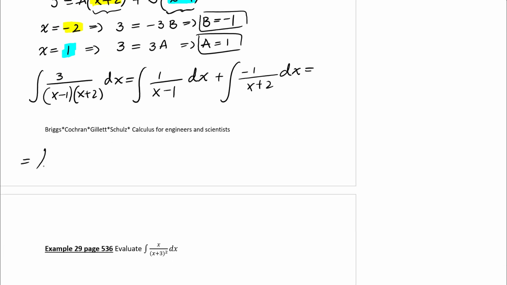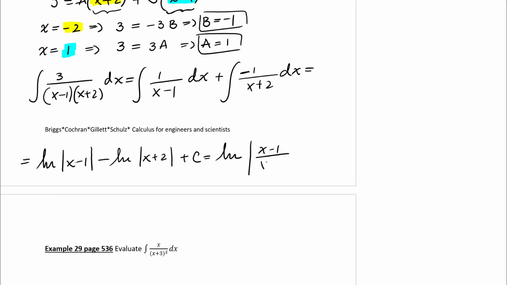The first one is ln of absolute value of x minus 1. Let's bring this negative in front, so minus ln of absolute value of x plus 2 plus a constant. I can actually use properties of logs and get ln of x minus 1 over x plus 2 plus c, and we actually solved the problem.